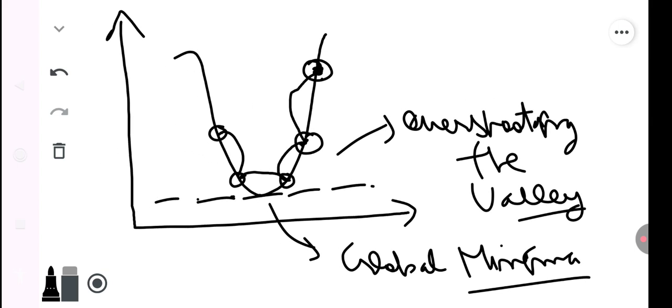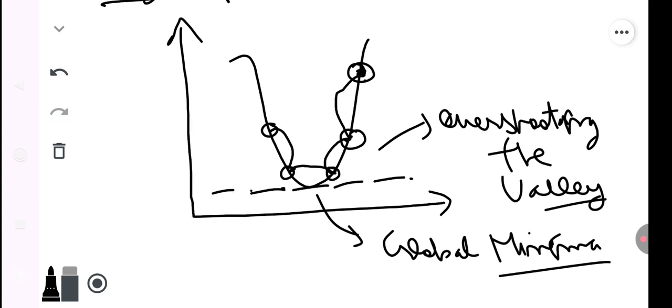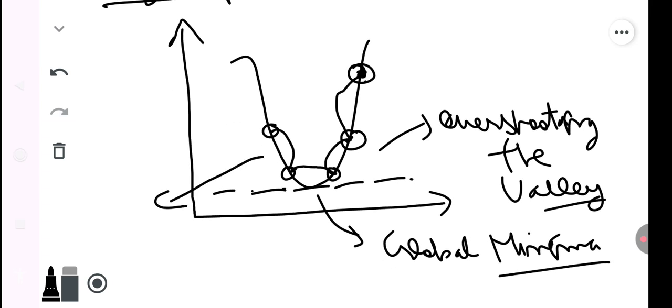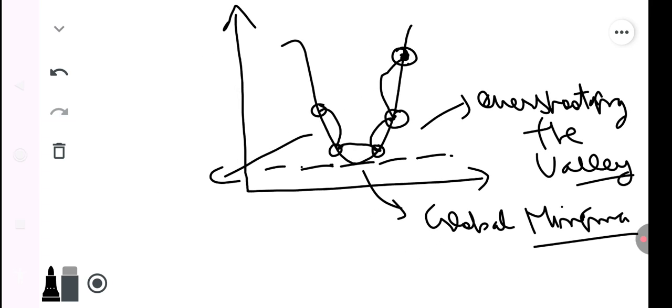And the opposite thing is happening: here you can see that the error rate is increasing again. Our error rate, which was meant to decrease, is increasing again.